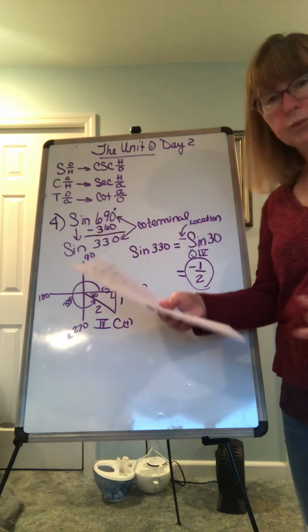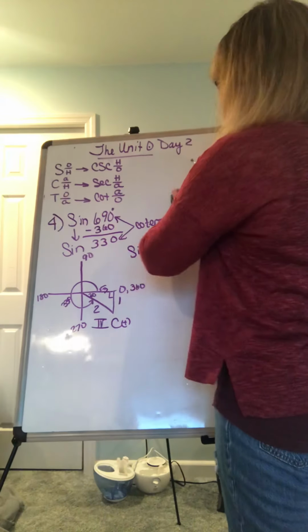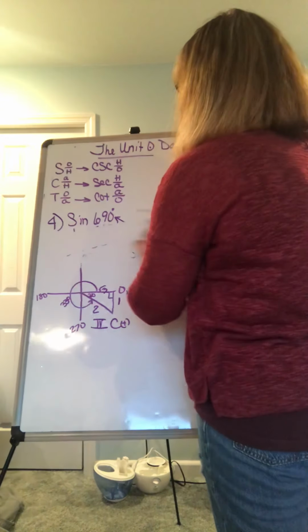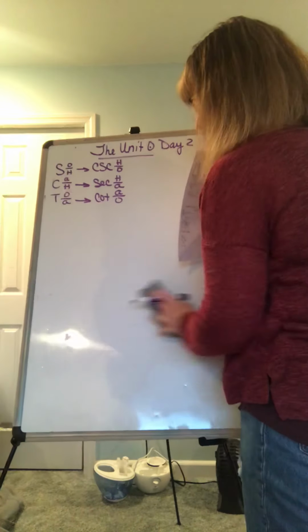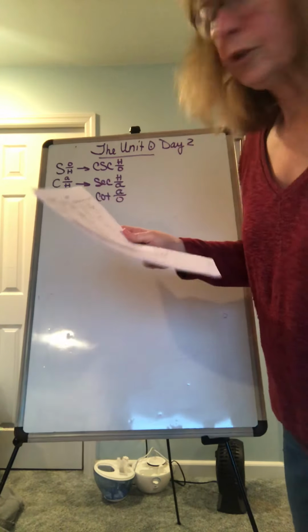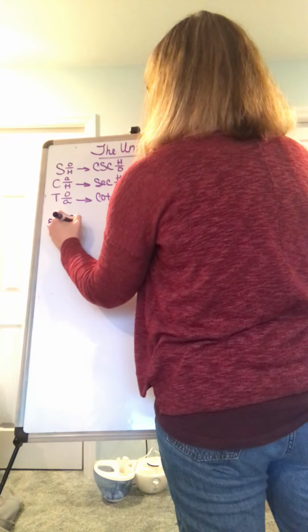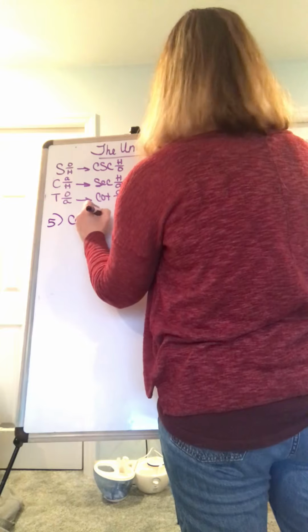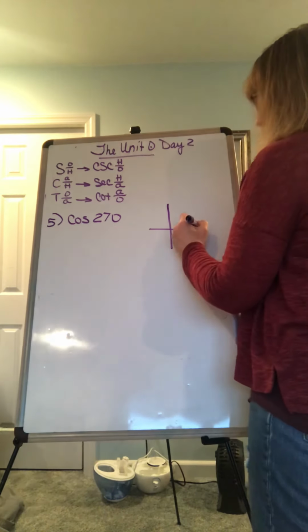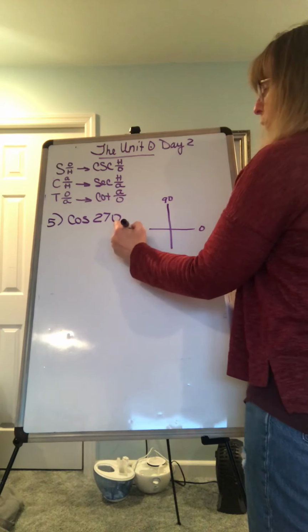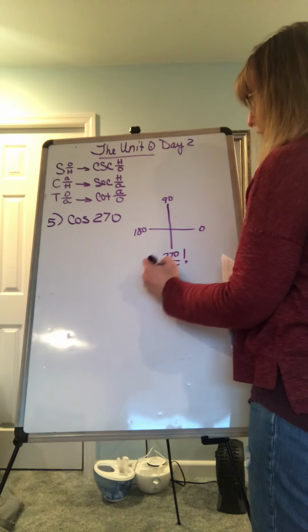And now here's one with the quadrantal. Number 5 is a quadrantal. So let's take a look at 5. Number 5 has the cosine of 270 degrees. Well, 270, 0, 90, 180, 270, woohoo, it's a quadrantal angle.